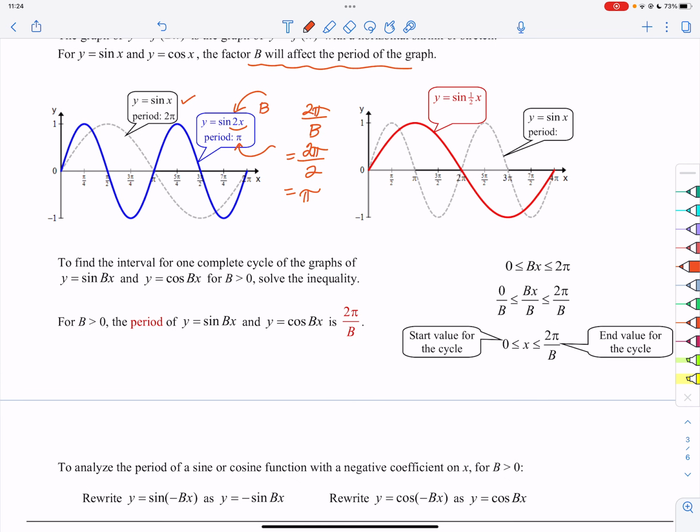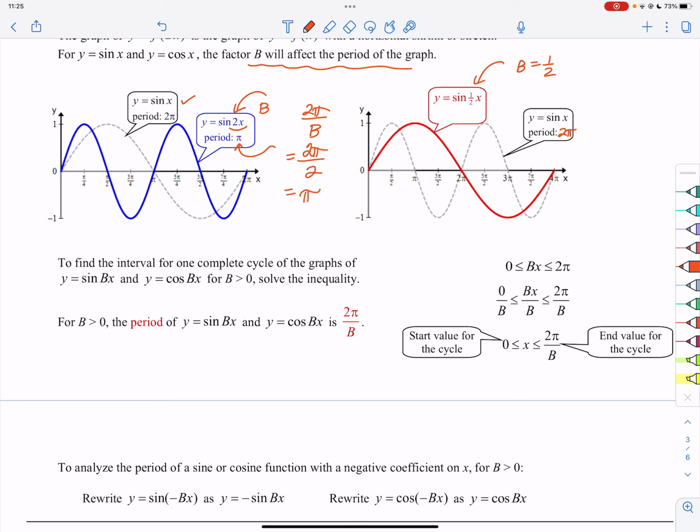And here, if we would have 1/2 x, so here we would have b equal to 1/2, and this period of the sine of x, I guess it wasn't typed here. Of course, we know that's 2 pi.